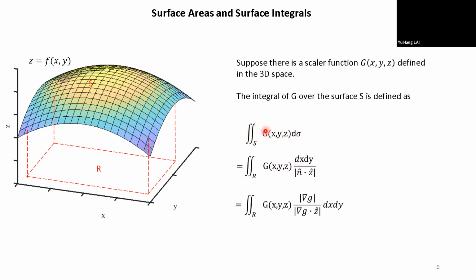You are not just integrating d sigma, but for each d sigma, you are multiplying some value g. Whatever physical meaning it has, all you do is put the function here and integrate over dx dy.